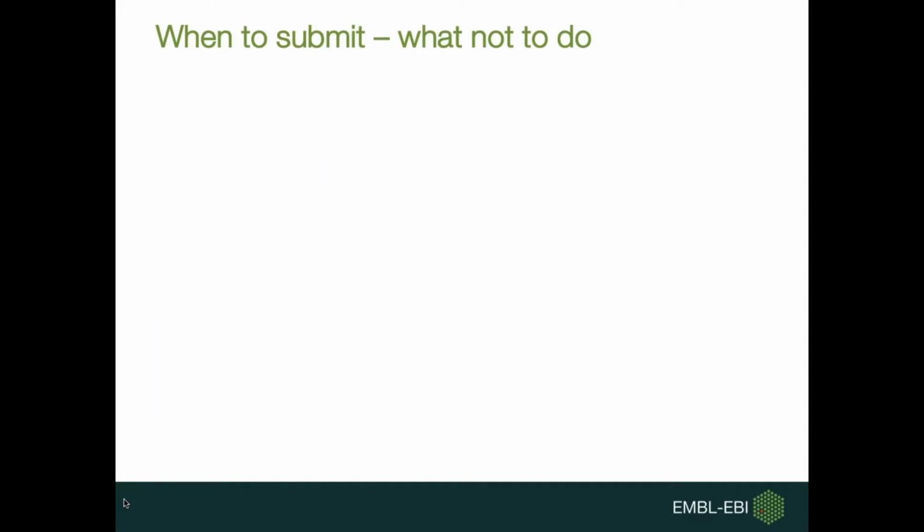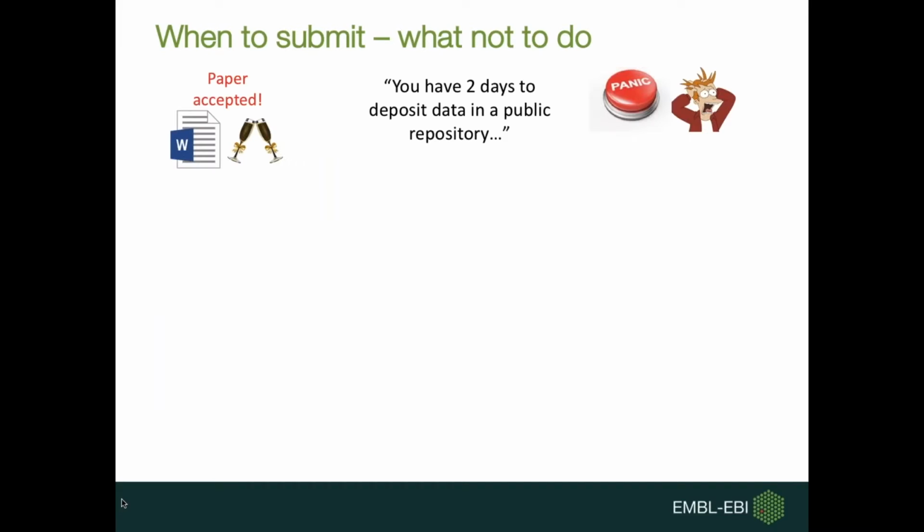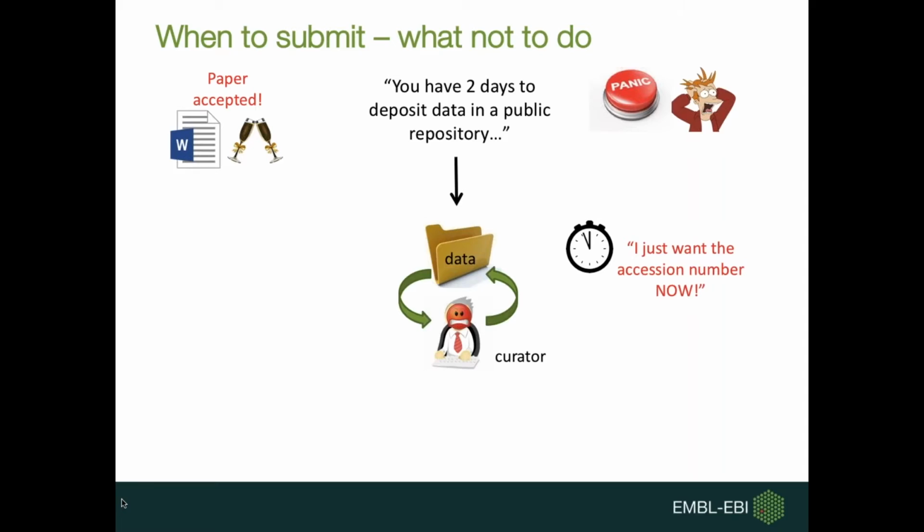So now we know why we need to submit our experiments, where and what. But what about timing? When should you be submitting your experiment? So one thing that we see quite often in ArrayExpress is this scenario. Somebody will have their paper accepted and gets very excited, but then they're told that they have just 2 days to deposit it in the public database, and they panic and send us, the curators, a series of emails demanding that they have their accession number immediately.